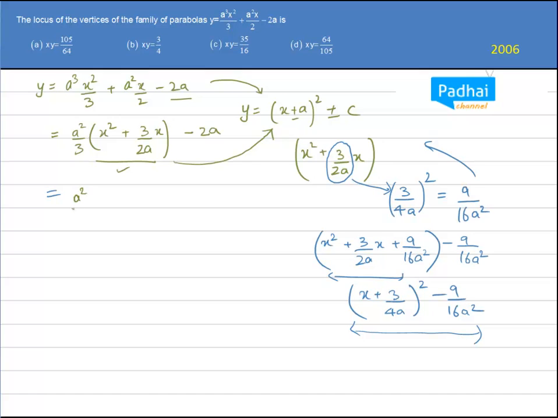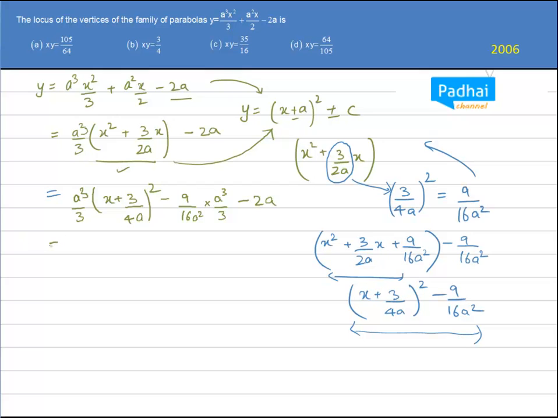So this will become a square by 3 times x plus 3 by 4a whole square, and if I take this term out, I'll have to multiply 9 by 16a square by a square, sorry, this is a cube, not a square, by a cube by 3. So this will be 9 by 16a square into a cube by 3 minus 2a.